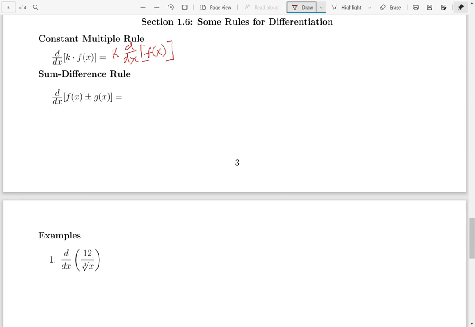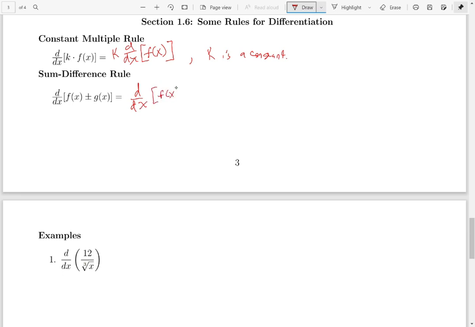And so the derivative of a constant times a function is the constant times the derivative of the function, and this is specifically when we're talking about k being a constant, or just a number. Then, for sums and differences, it's really kind of nice because the derivative of sums, that is what we have on the left, is the same thing as the sum of the derivatives.